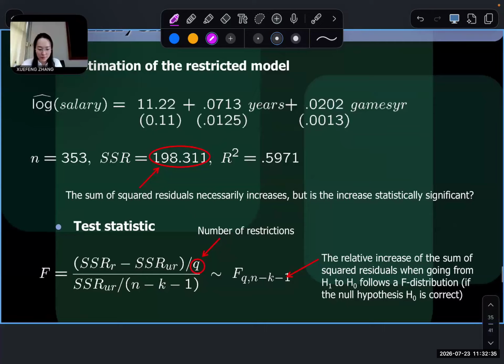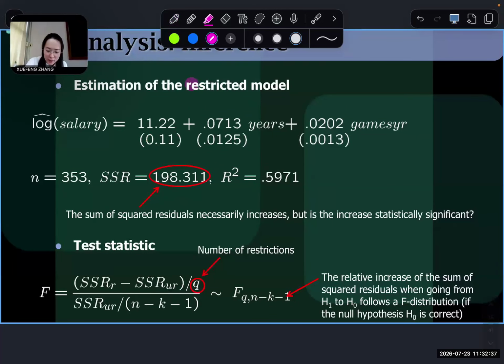Next one, here is the restricted model. Why restricted? Because remember our hypothesis: H0, beta 3 equals beta 4 equals beta 5 equals 0. We put those restrictions into the model, which means x3, x4, and x5 disappear. We restrict them to be 0.